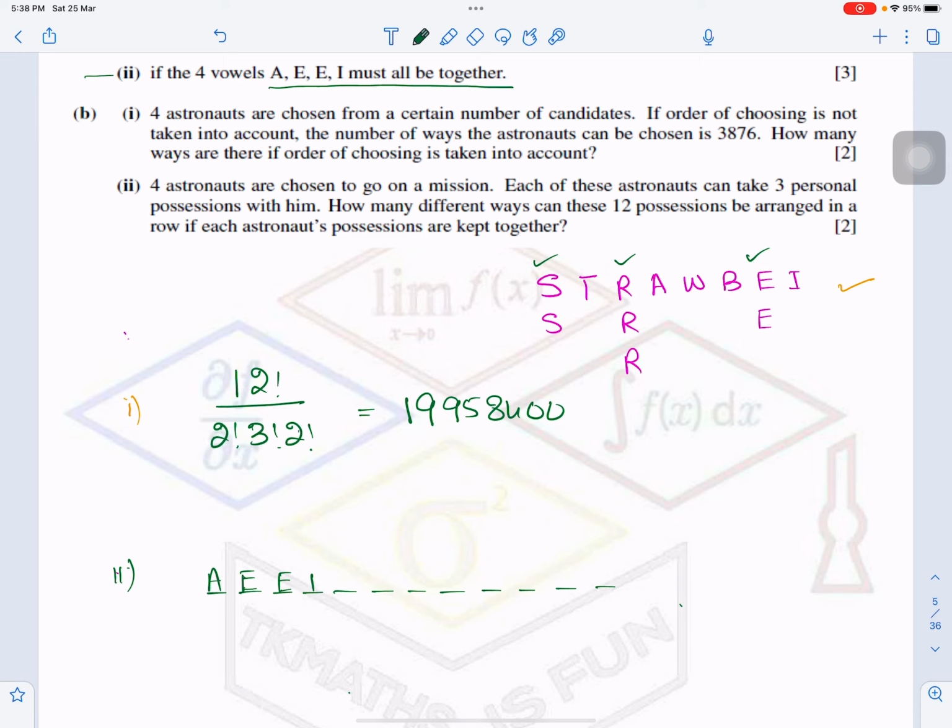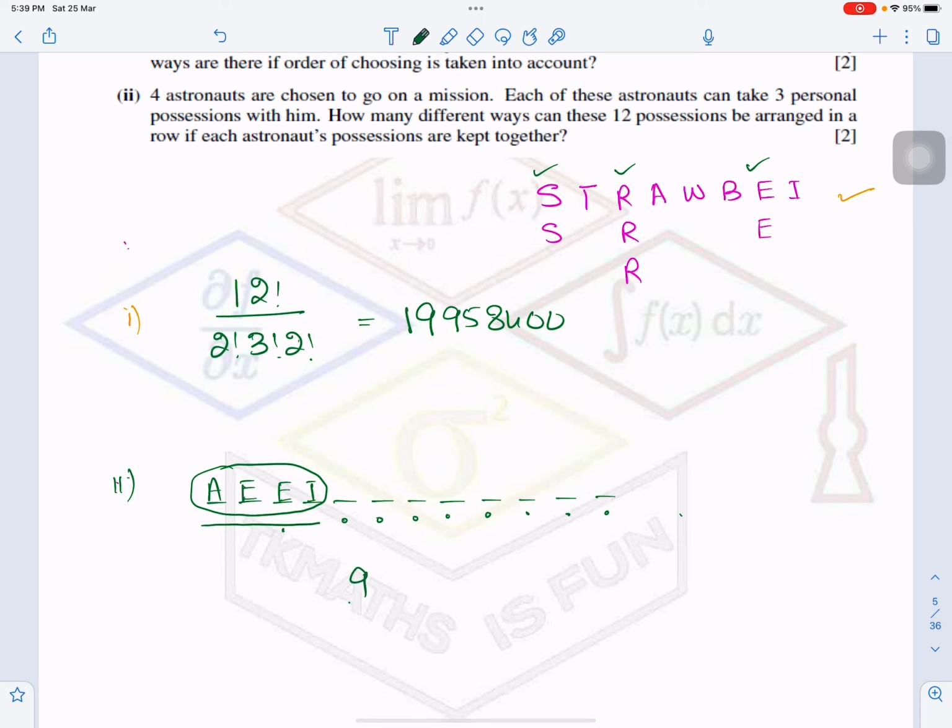Two E's, one A and one I. This is making a group, and this group can be moved anywhere among these letters, so I will consider it as one blank. Now the movable items are 1, 2, 3, 4, 5, 6, 7, 8, 9, so it means 9 factorial.